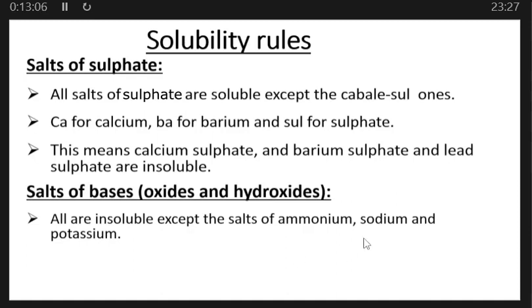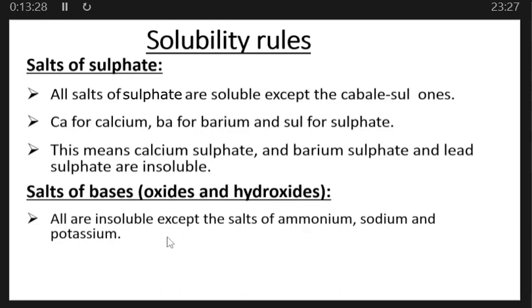Sodium hydroxide is likely to give a soluble salt. Then potassium hydroxide is likely also to give a soluble salt. Equally, ammonium oxide, sodium oxide, potassium oxide are likely to give you a soluble salt. But the rest won't give you a soluble salt.